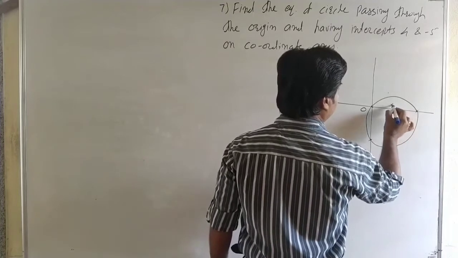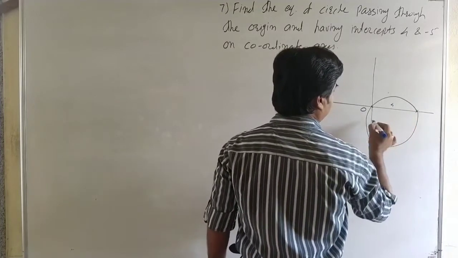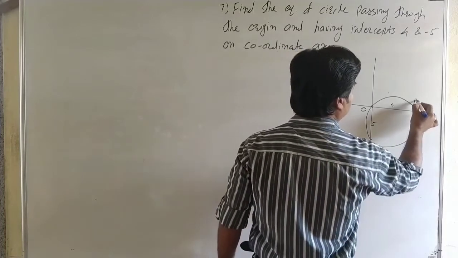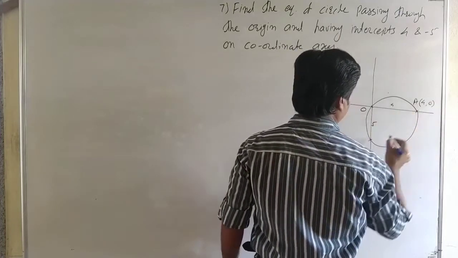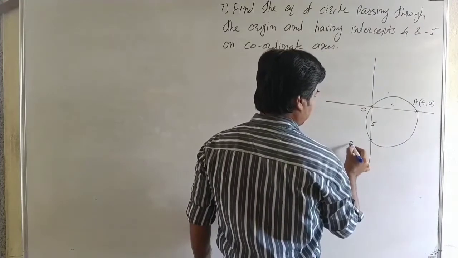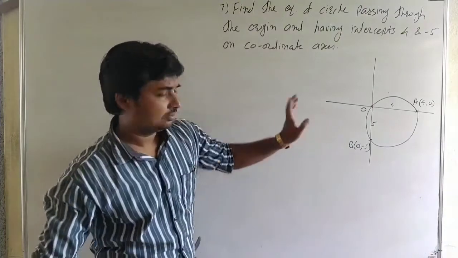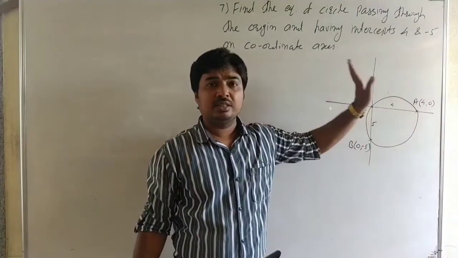The x intercept is 4, the y intercept is -5, so the distance is 5. Suppose the coordinates are A(4, 0) and B(0, -5), the x intercept and the y intercept.